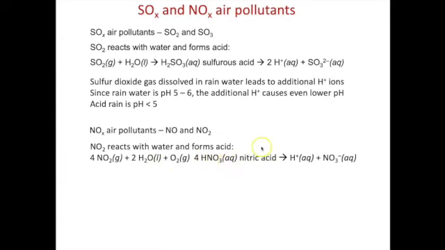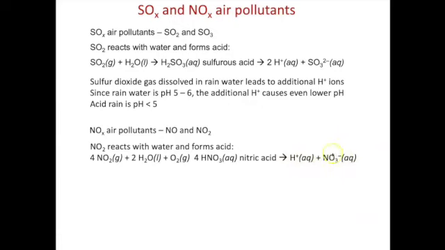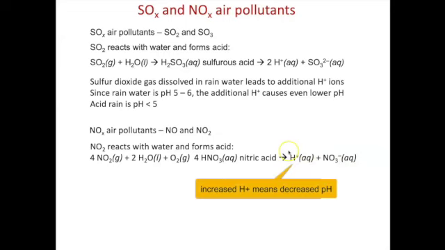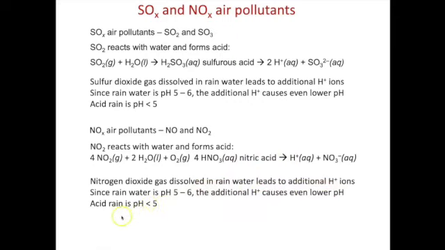And like all weak and strong acids, nitric acid breaks apart into the ions. The ions you get are H+ and NO3-, that's the nitrate ion. And so having increased hydrogen ion in the rainwater leads to an even lowered pH value. So this is another way to get acid rain. And this is, again, starting from NO2, nitrogen dioxide, that does not have hydrogen.